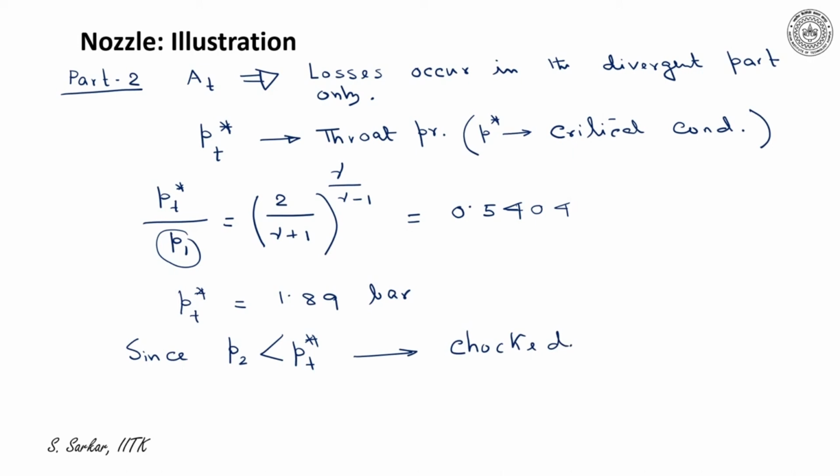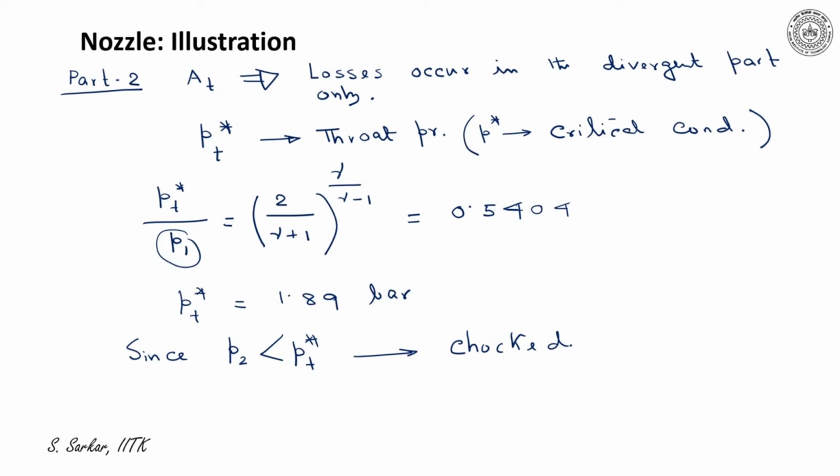So P2 was 1 bar, PT star I have calculated as 1.89 bar. Since the exit pressure is less than the critical pressure, definitely the nozzle is choked. So discharge through the nozzle is maximum.